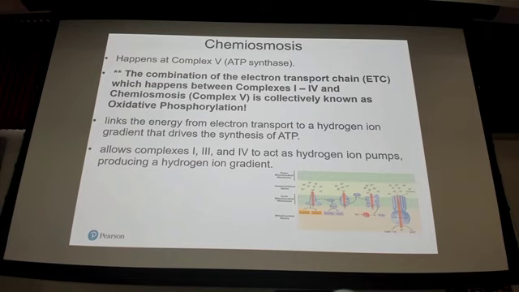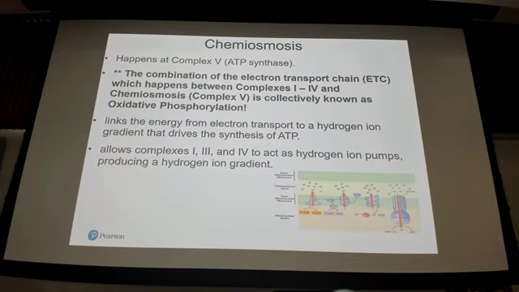So what we have in this pathway, chemiosmosis in complex 5 and the electron transport chain together are called oxidative phosphorylation.